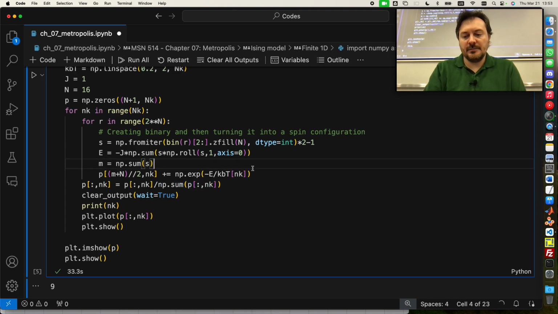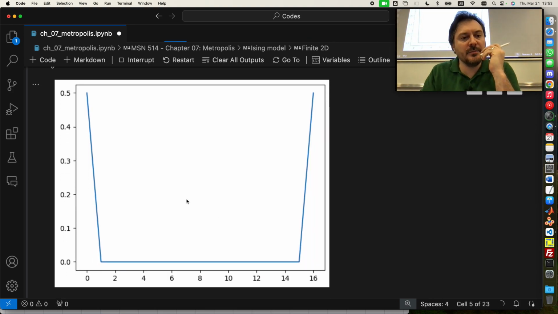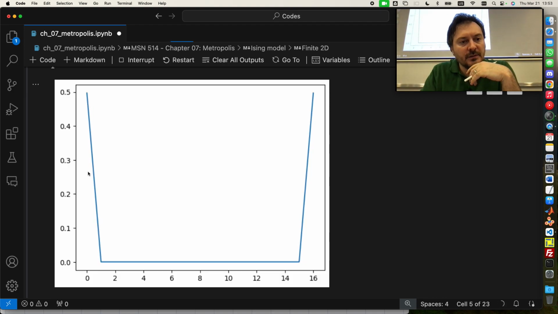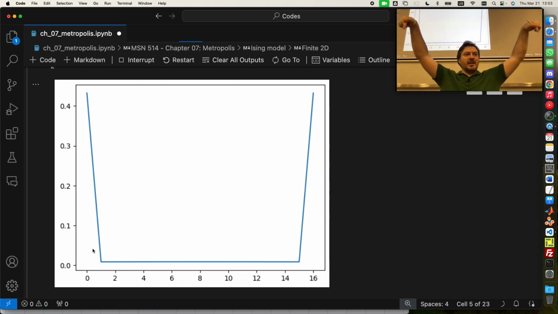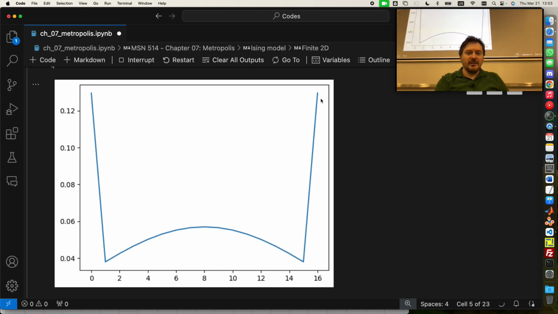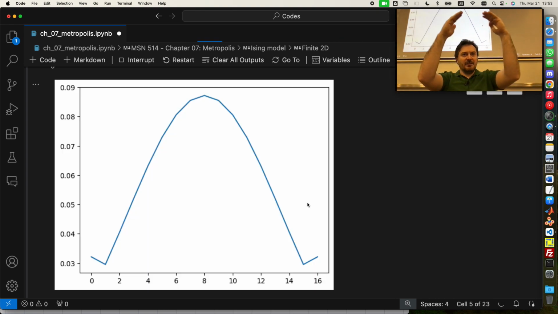So let's run it. I'm running it. At the beginning, it seems like at low temperatures, the two edges of being magnetized completely down or completely up are winning. But then as the temperature increases, the disorder wins.